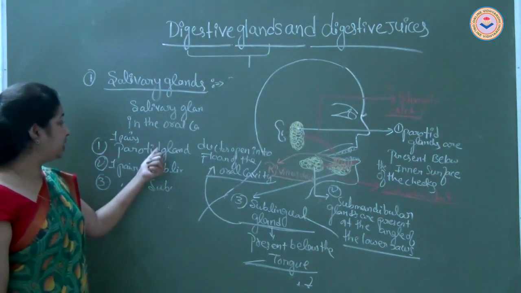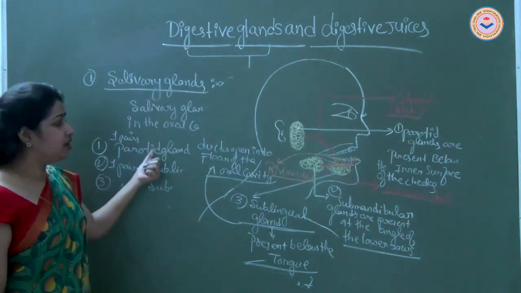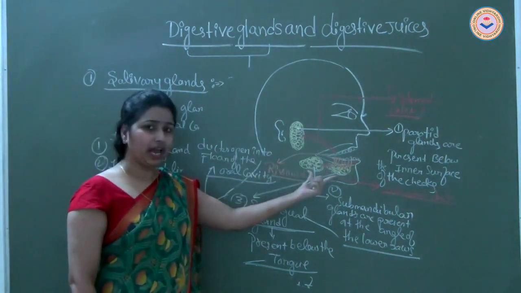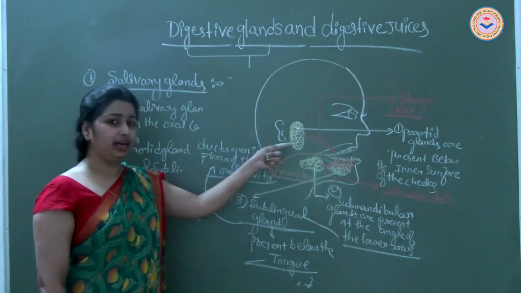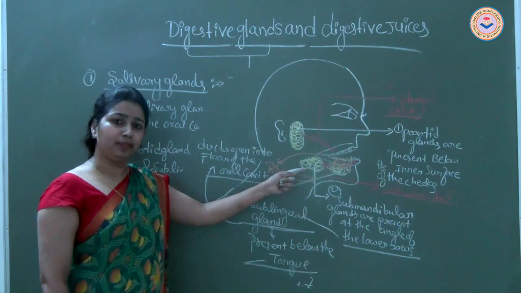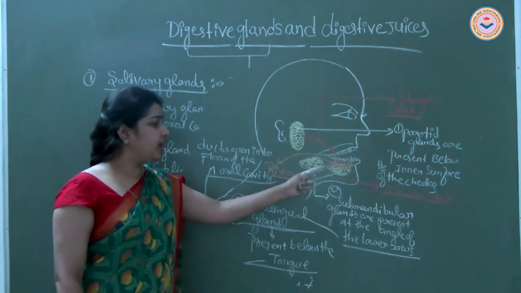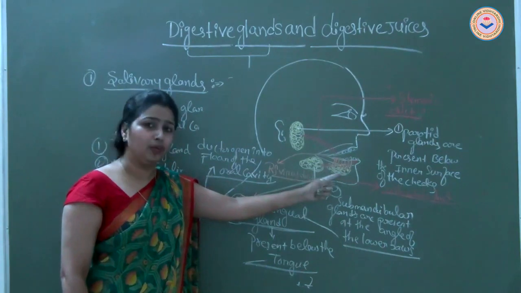Once again, the three types of salivary glands present in the oral cavity are the parotid gland, the submandibular or submaxillary glands, and the sublingual glands.